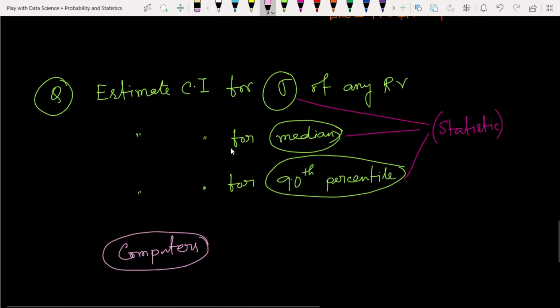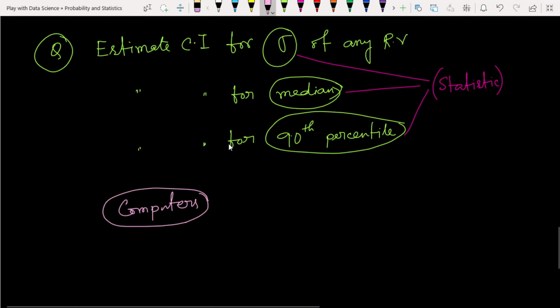But nowadays we have a huge amount of computational power, so we can easily estimate these things. There is one technique, generally called the bootstrap confidence interval.